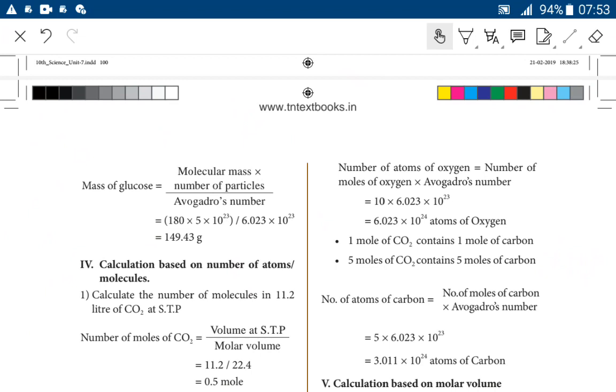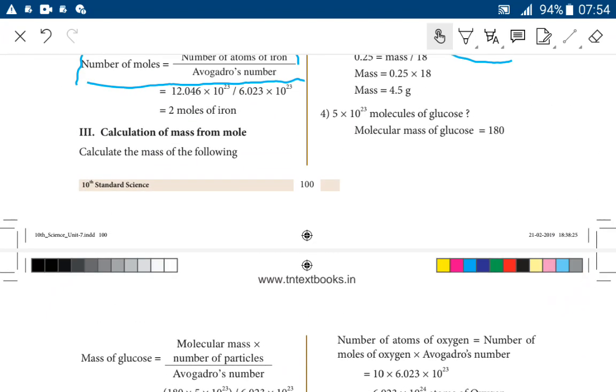That is, molecular mass is 180, the number of particles is 5 into 10 power 23, Avogadro number 6.023, and when you simplify, the 10 power 23 can be cancelled, then 180 into 5 by 6.023 gives 149.43 gram of glucose present in the given 5 into 10 power 23 molecules of glucose.